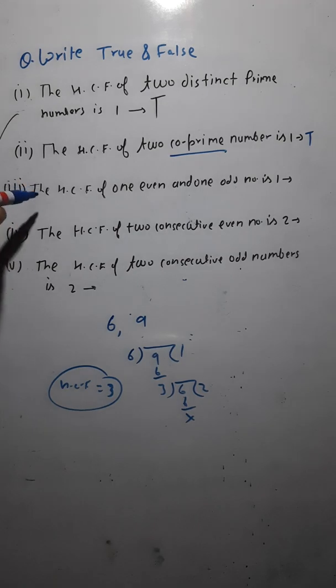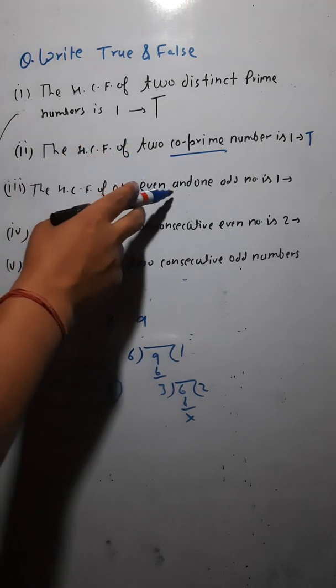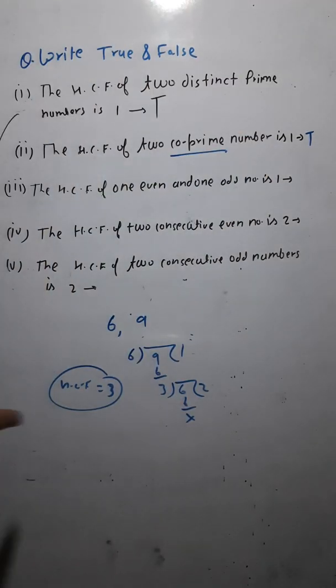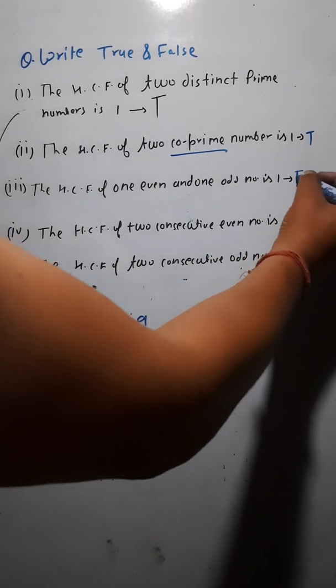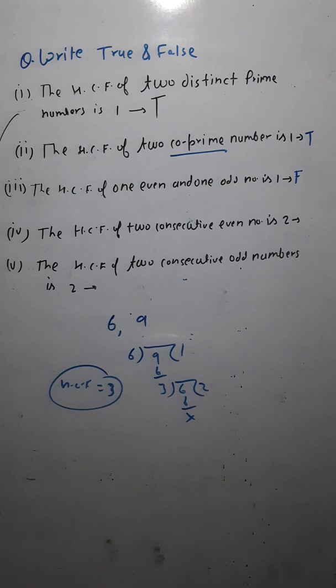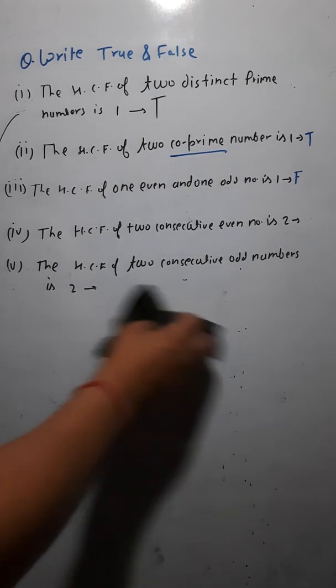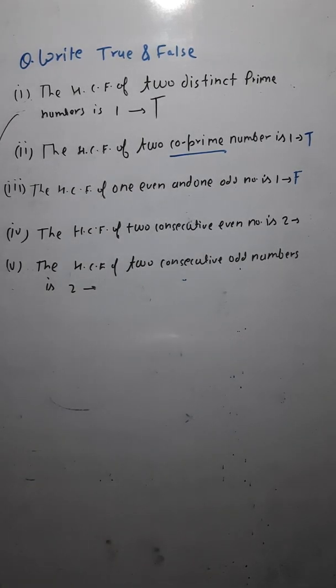So the statement that the HCF of one even and one odd number is 1 is false. Keep solving all the statements by taking examples, and you will find out whether each statement is true or false.